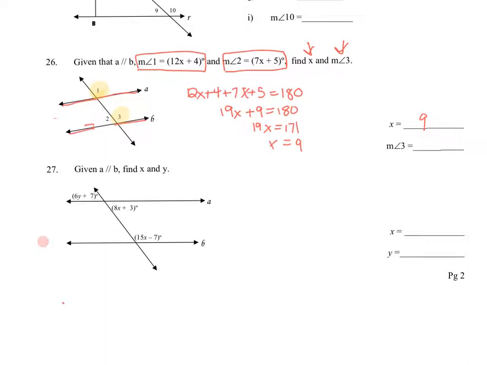If I know that angle 1 is represented by 12x plus 4, and I now know that x is 9, I can substitute that in here and perform those order of operations. I find out that this angle 1 is 112, so I know that angle 3 must be 112 also.